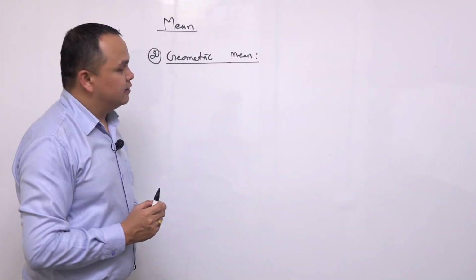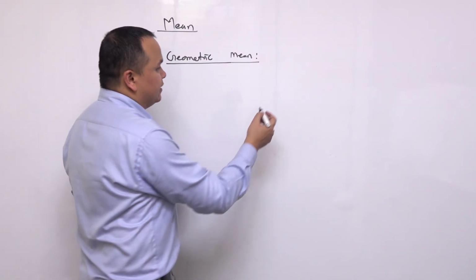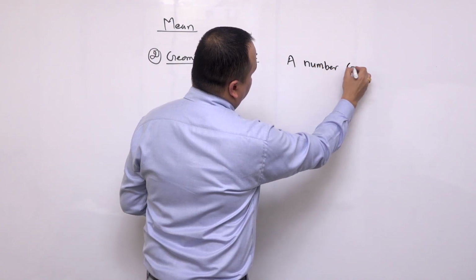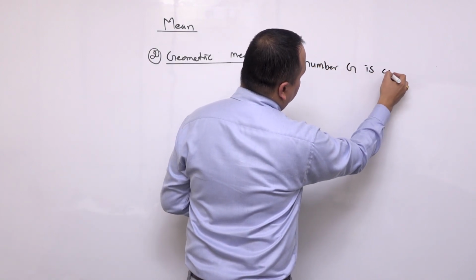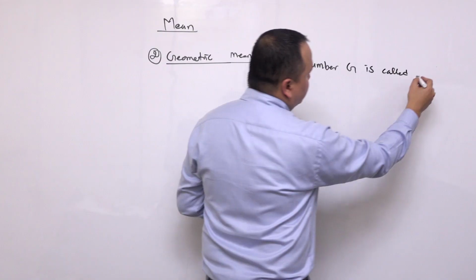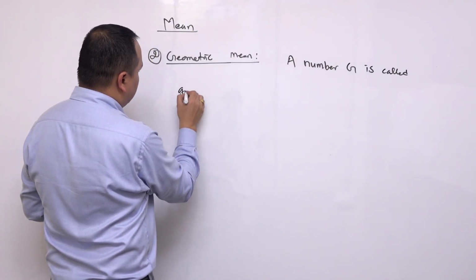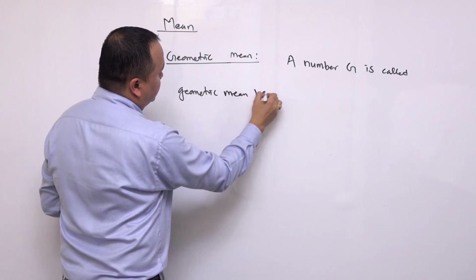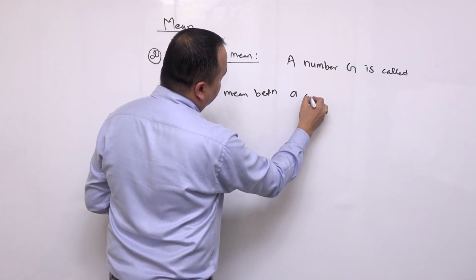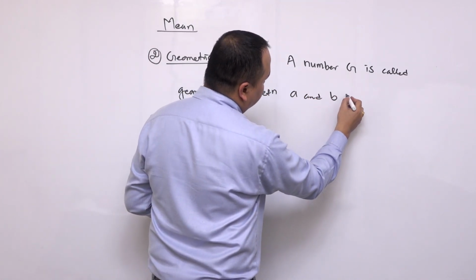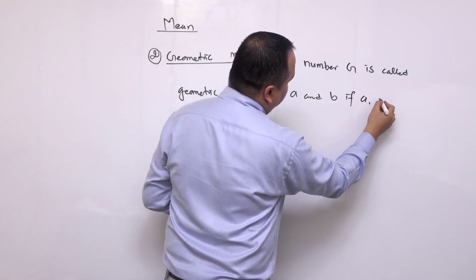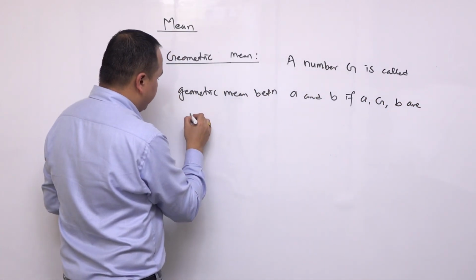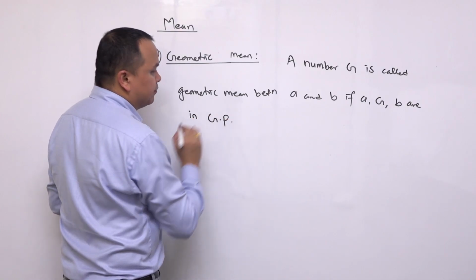Now geometric mean. A number G is called the geometric mean between a and b if a, G, b are in GP.